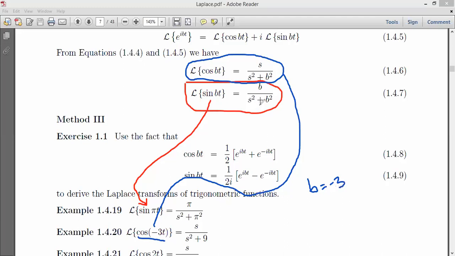Since it is, sorry, I'm on cos. Cos is s over s squared plus b squared. If you square this negative, you get a positive. That's why negative 3 squared here will give you a 9. And squaring the 3 gives you 9.